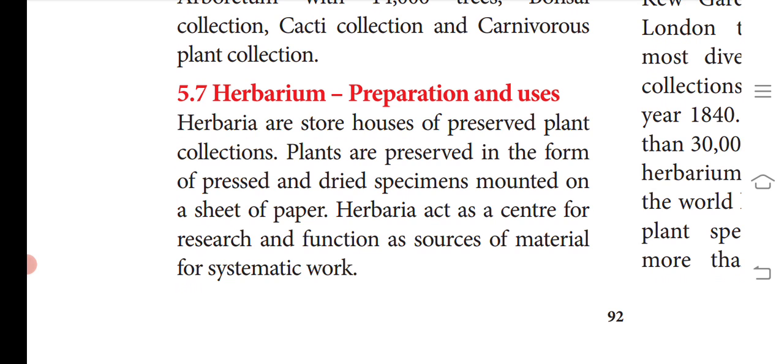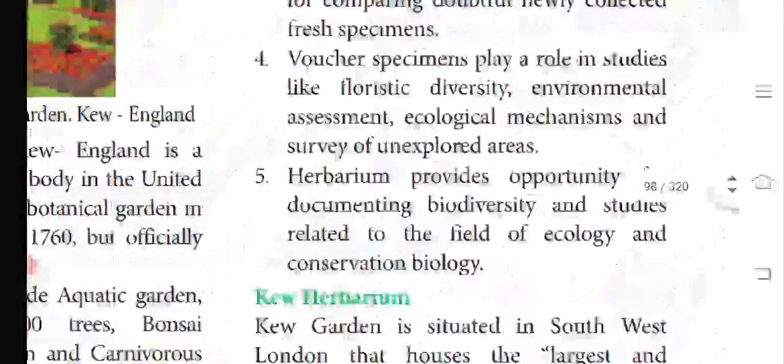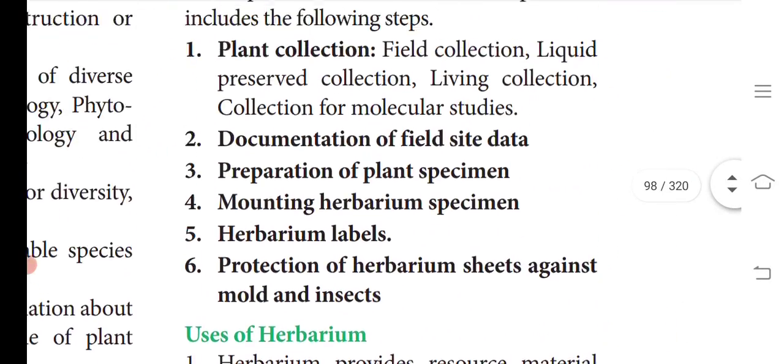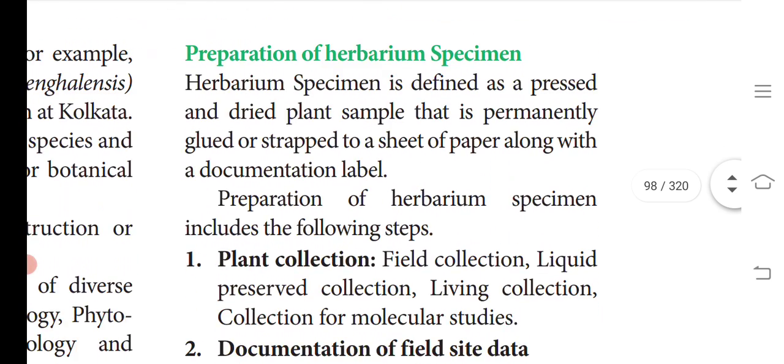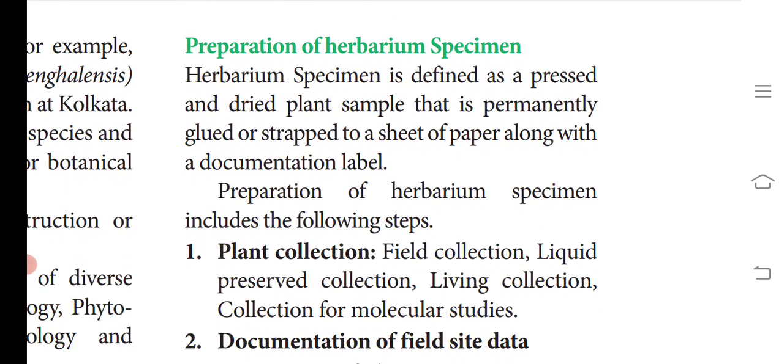So when you take the plant, it should be mounted on a sheet of paper. Okay, herbaria act as a center for research and function as a source material for the work. It gives the source material for working with certain kinds of plants.